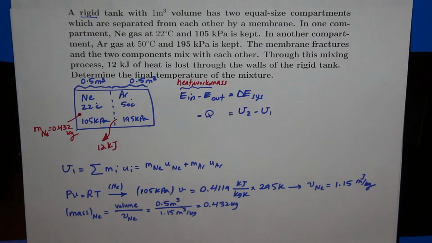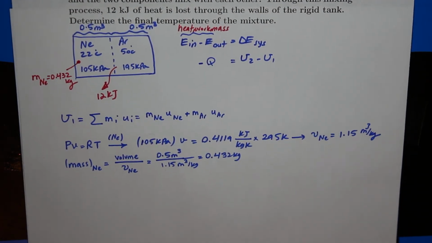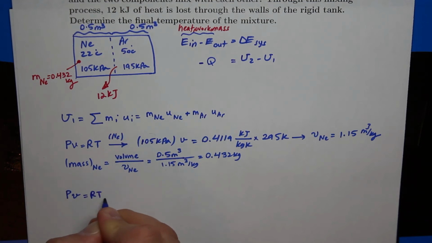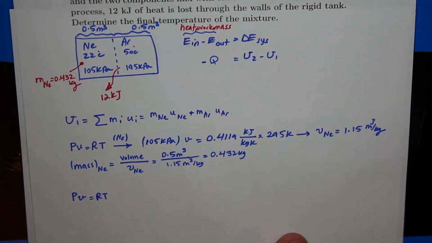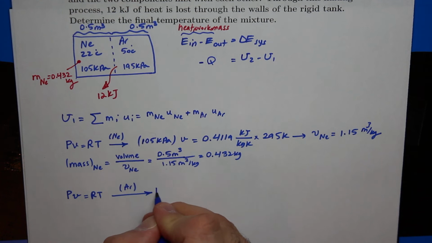Okay, now let's do exactly the same thing to the argon gas as well. Okay, so that means I would say pressure of argon multiplied by the specific volume of argon is equal to RT, the temperature of argon. Okay, so pressure of argon is 195 kPa.